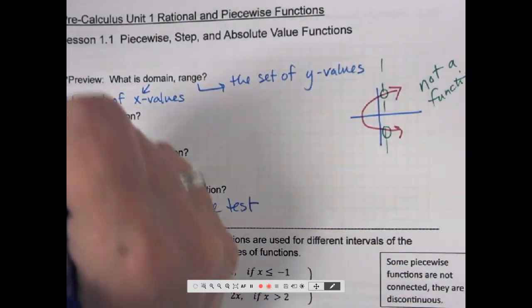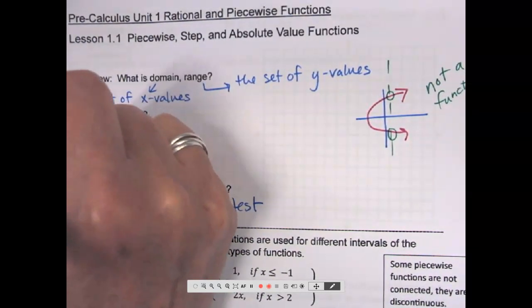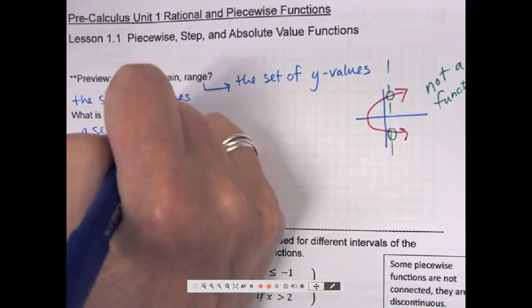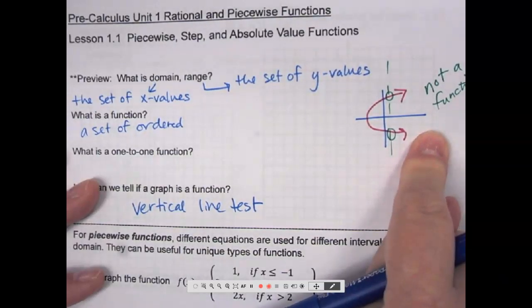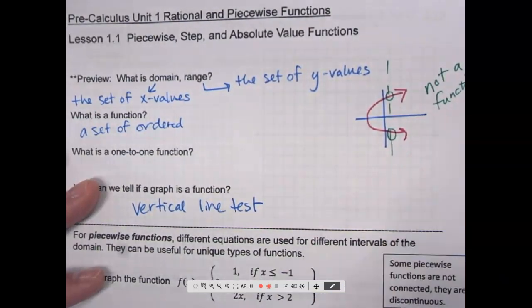So what is a function? It is a set of ordered pairs. Is this graph that I just made a set of ordered pairs? Sure, there are an infinite number of ordered pairs that are all connected right there.